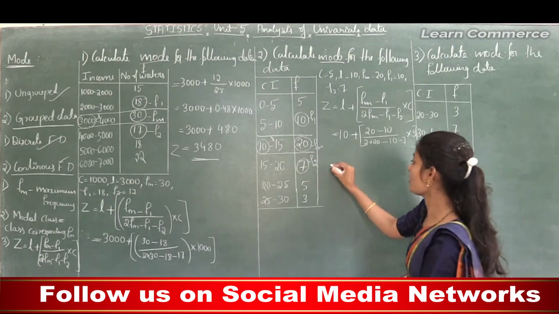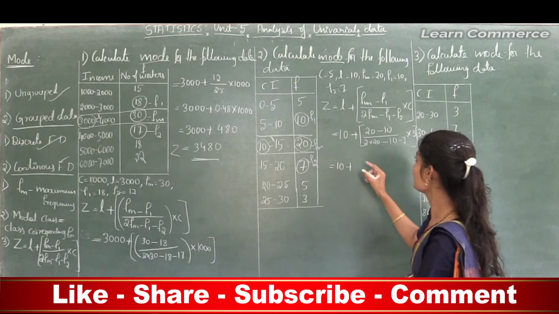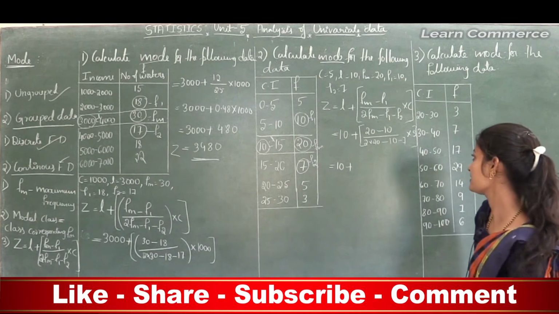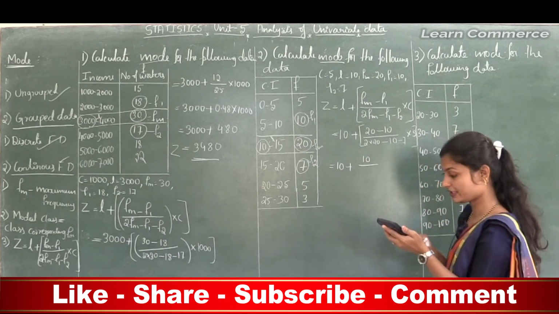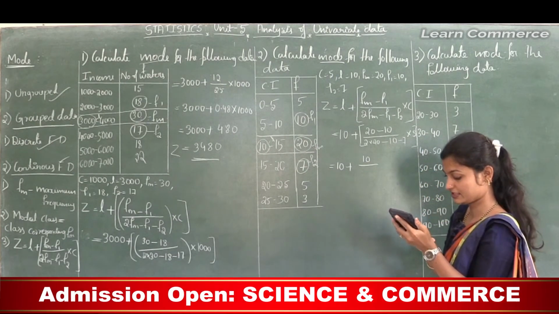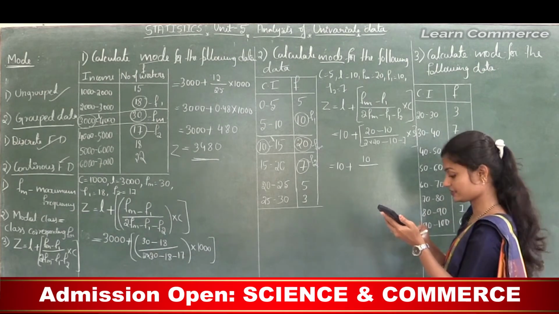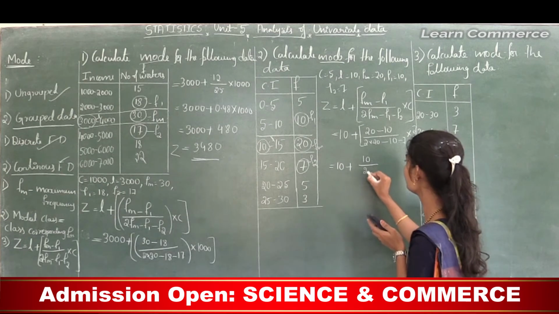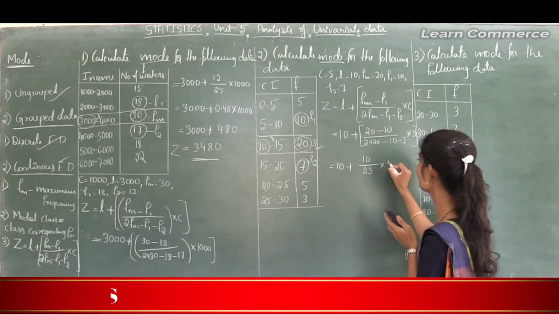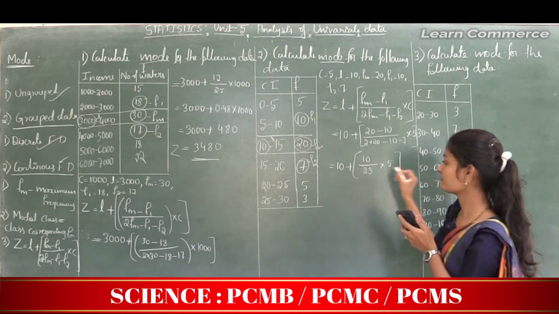So this is equal to 10 plus 20 minus 10, that is 10 only. So 10 divided by 2 into 20, that is 40. So 40 minus 10, that is 30. 30 minus 7, that is 23. So divided by 23, into 5. So here 5 is the width of a class.